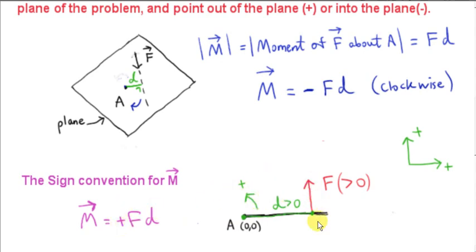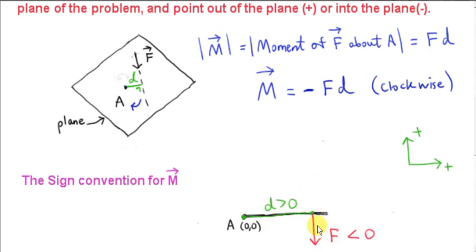Now let's consider a force F acting in the opposite direction. So this time F is negative. It's pointing downwards. That's the negative direction. d, however, is still positive. Okay, so what about the moment vector? Well, we just multiply F by d.